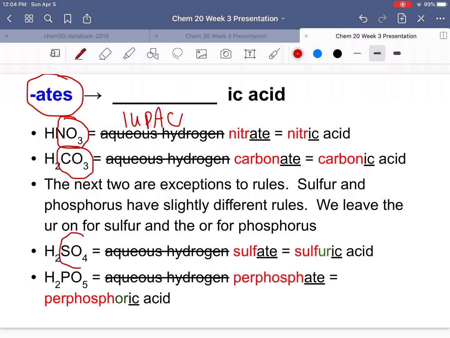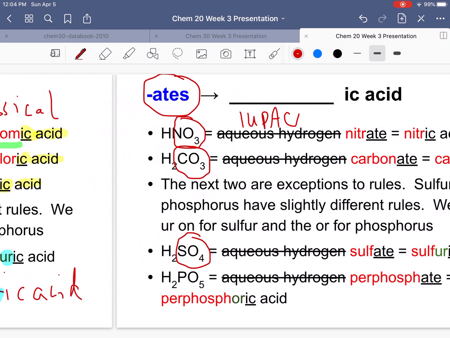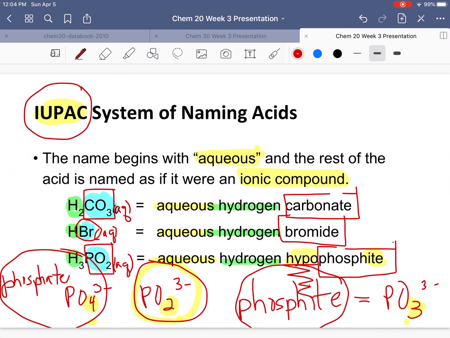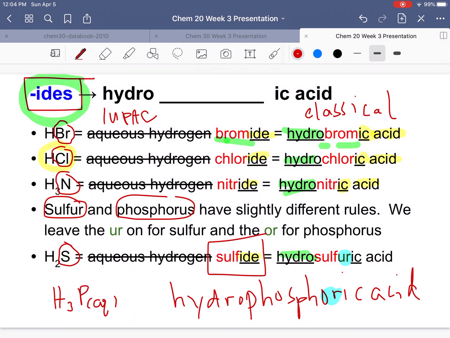Aqueous hydrogen sulfate. Aqueous hydrogen, ooh, here's a fancy one. Remember what we were talking about on the previous page where I was saying, hey, phosphate, PO4 3 negative. Hey, phosphite, PO3 3 negative. Oh, look, hypophosphite, PO2 3 negative. Now I'm introducing another one to you.